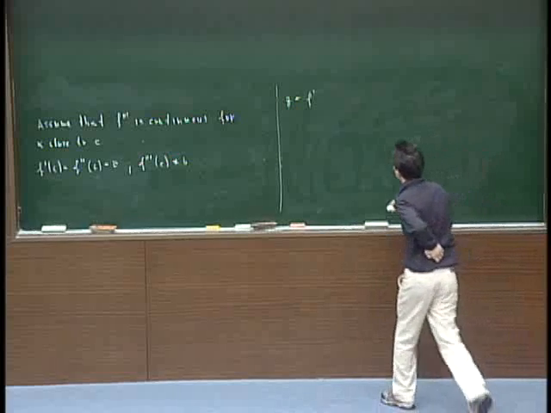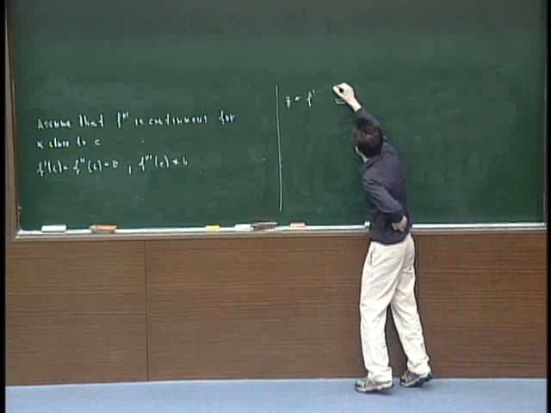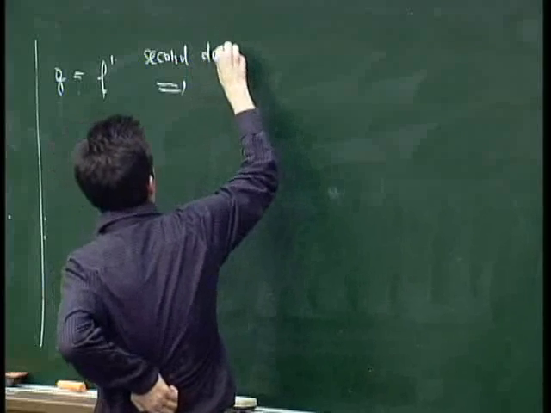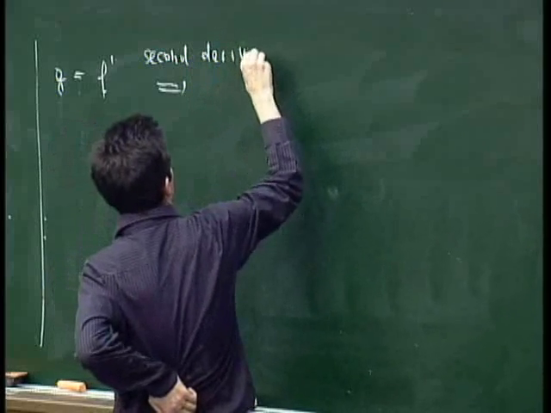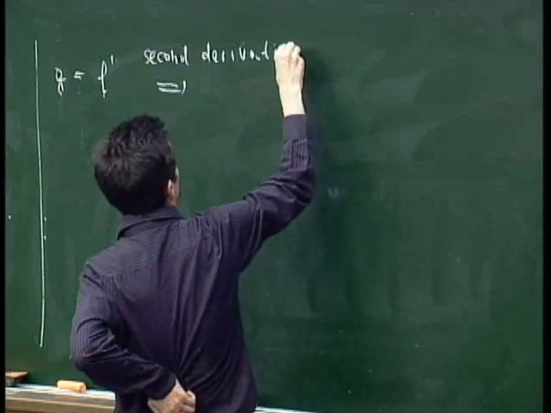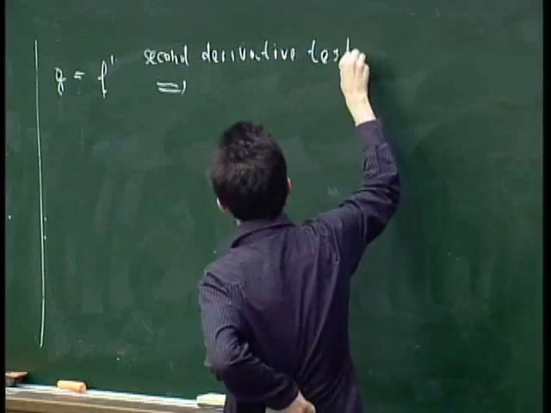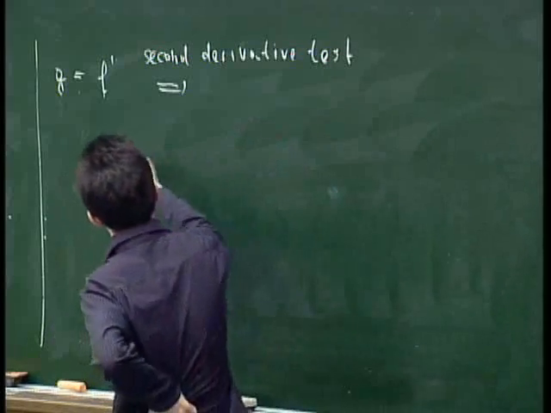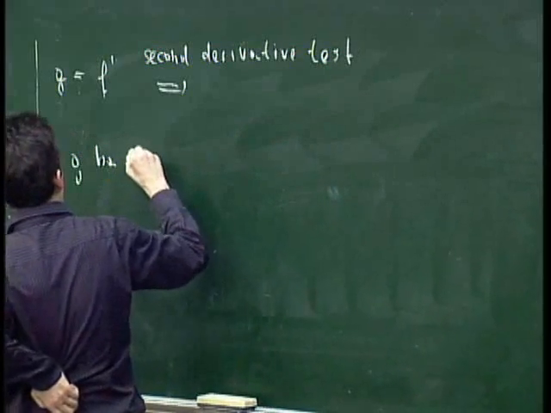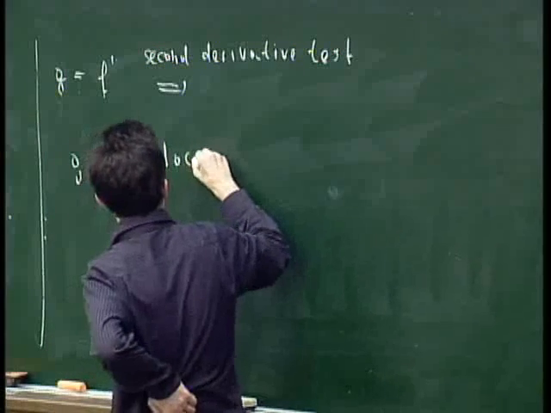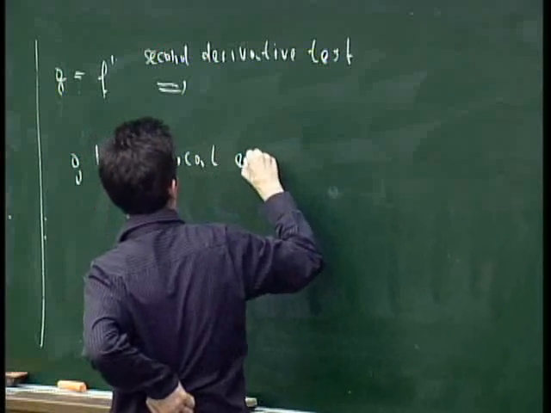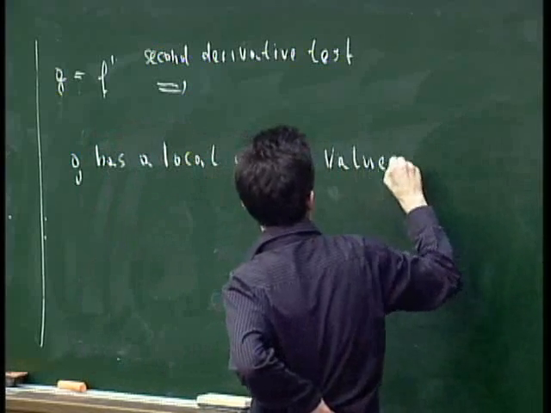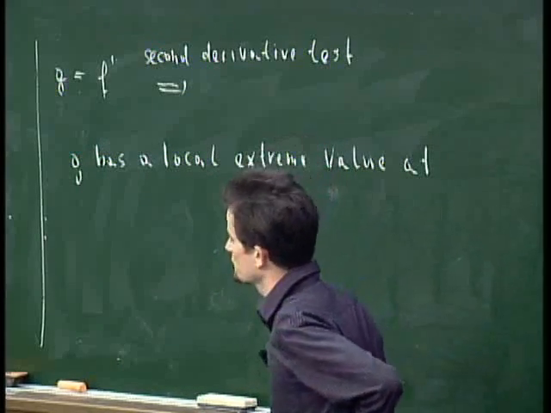So from the second derivative test, we get that g has a local extremum at c.